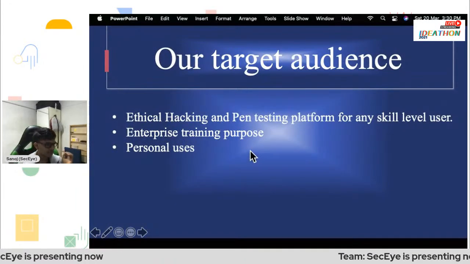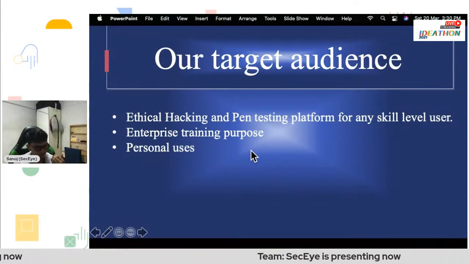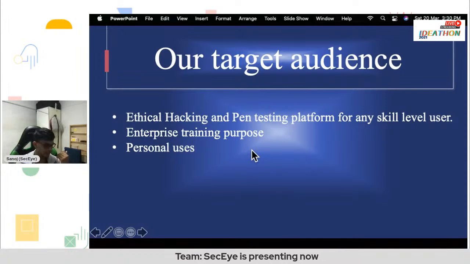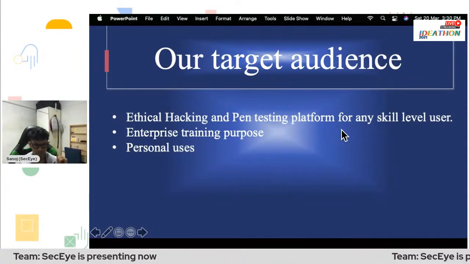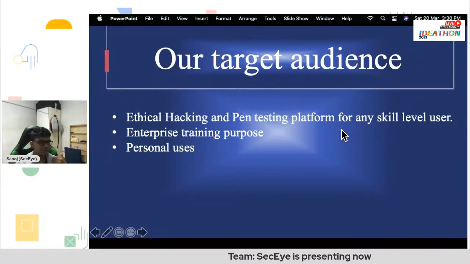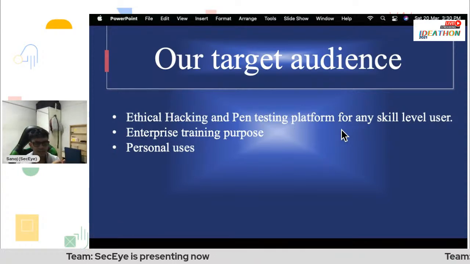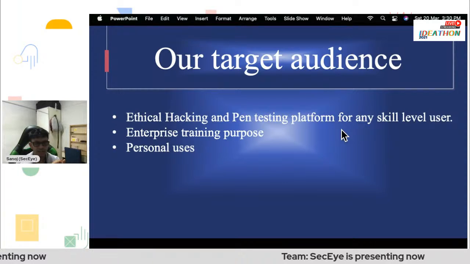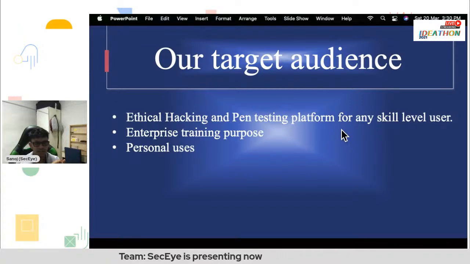Our target audience, as I mentioned, I will go deeper here: an ethical hacking and penetration testing platform for any skill level. This platform can be used for enterprise training purposes, which means anyone who is aware of cyber attacks can be trained in their organizations using this platform.